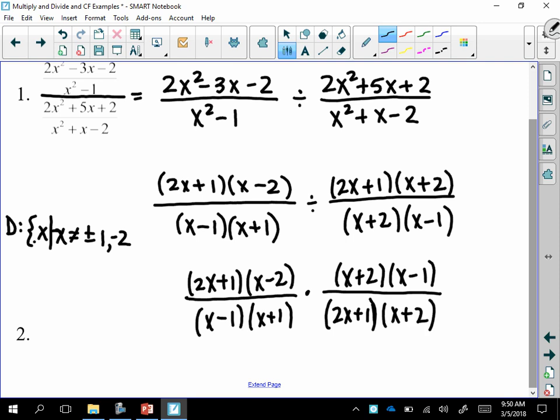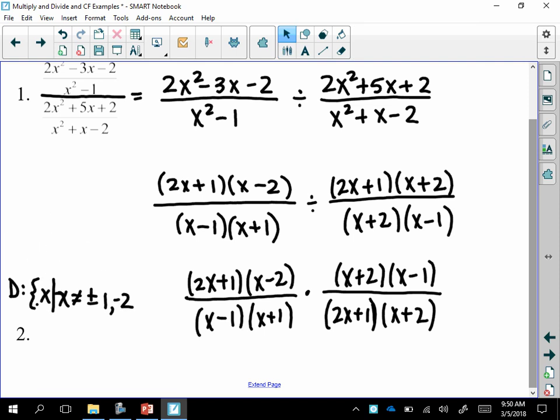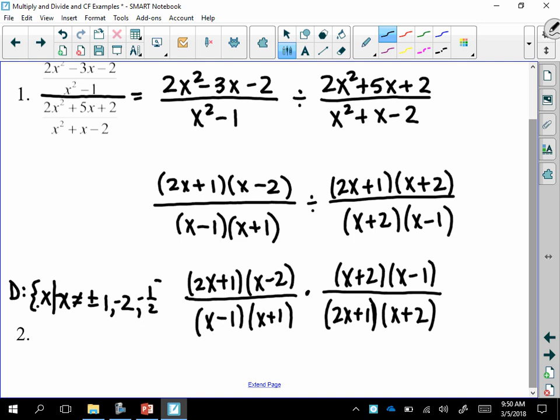Is there anything that we need to add to that domain? Yeah, negative 1/2 now. Because once we move that 2x plus 1 down to the denominator, then that means that now we have negative 1/2 as a restricted value that would give us a 0 in the denominator.